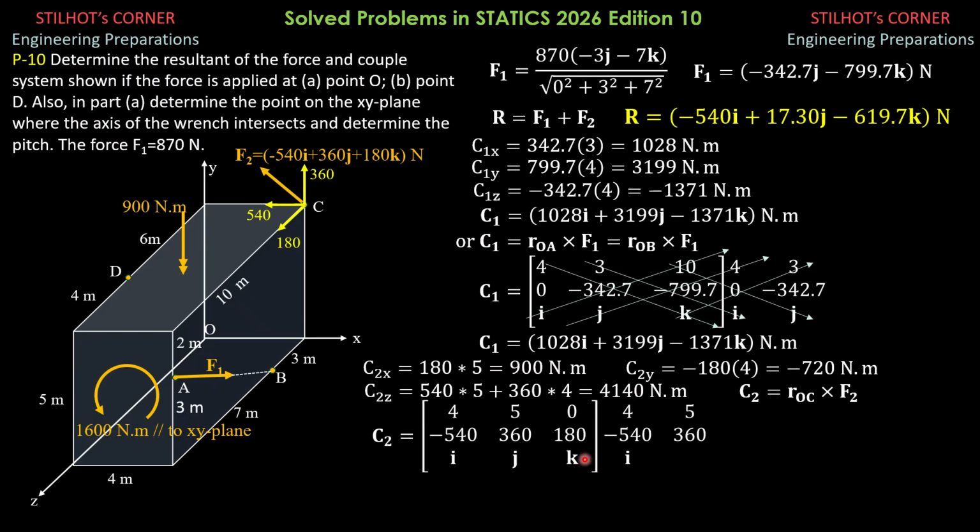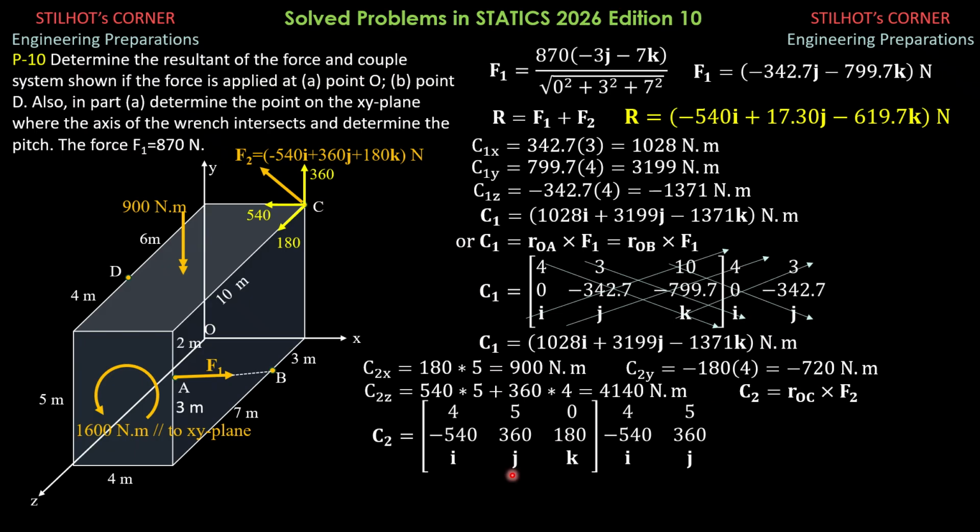Copy the elements of the first two columns. So let's check along I, 5 times 180 I, then minus 0. So we have here 5 times 180, which is correct, 900. Then for J, we have 0, then minus 180 times 4, which is this, negative 180 times 4.